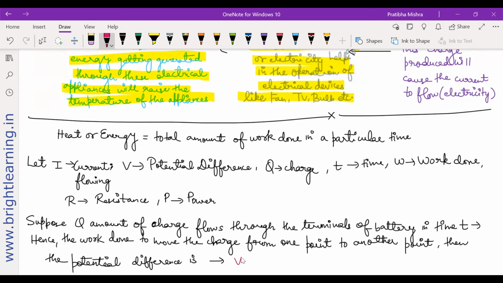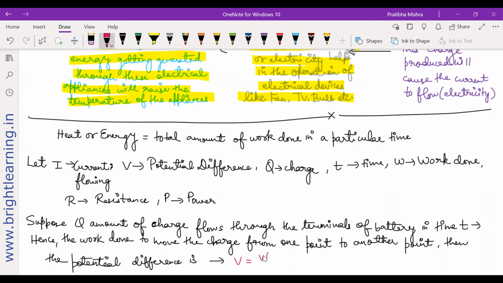So how will you write this? Basically your V will be equal to the work done in moving the charge, right? So V will be equal to what? Work is W, V is the potential difference.